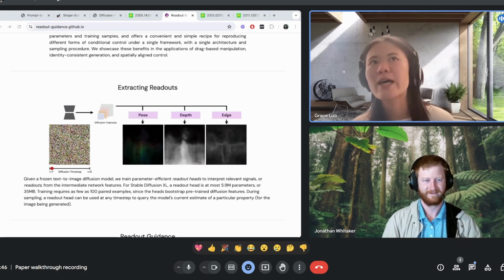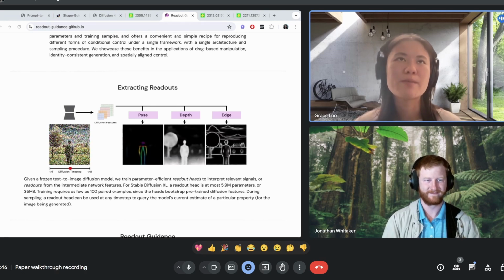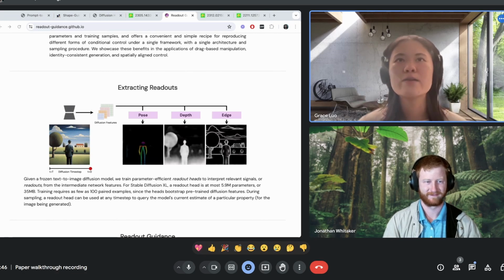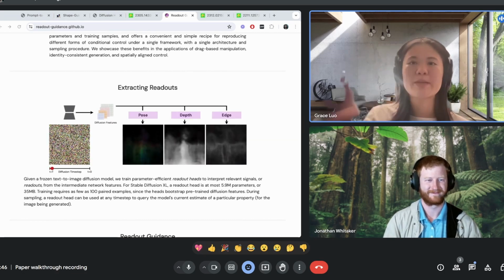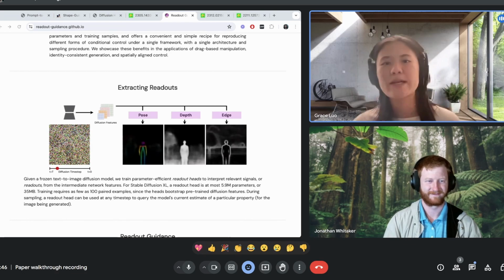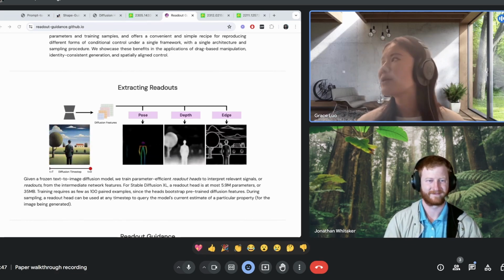For example, T2I adapter has a color palette based generation type of thing, but it's very spatially biased: for this pixel, I want it to be purple, you choose the shade of purple or something like that. So that was one thing I thought was interesting.